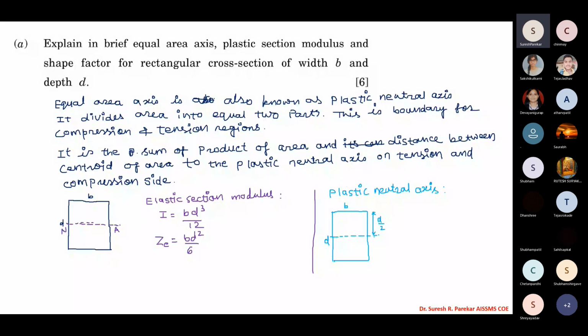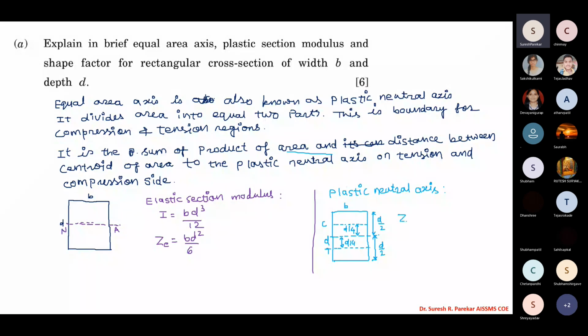So we have this as d by 2, we have this as d by 2. Now it is the product of area and its distance of centroid. So its centroid will be again d by 4, half of d by 2. That is for both sides, tension as well as compression side. So we will say this is tension side, this is compression side.